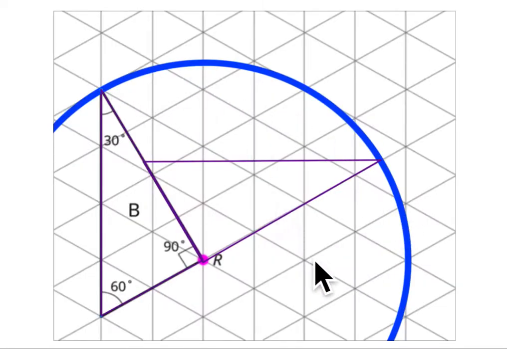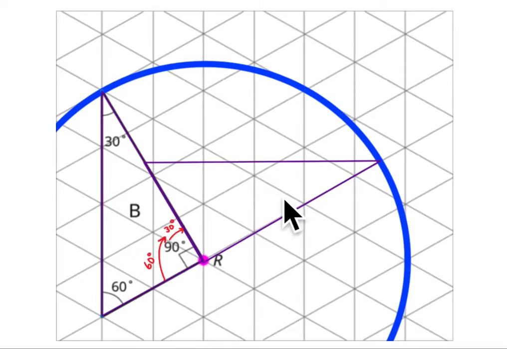Okay, rotation. So they used isometric grid paper for this rotation so that they could look at the angles. So this is a 90-degree rotation around this center of rotation, which is point R. So this figure rotates from here over to here. And you can see that this is a 60-degree angle, and then another 30-degree angle. So this equilateral triangle, it's always 60 degrees.